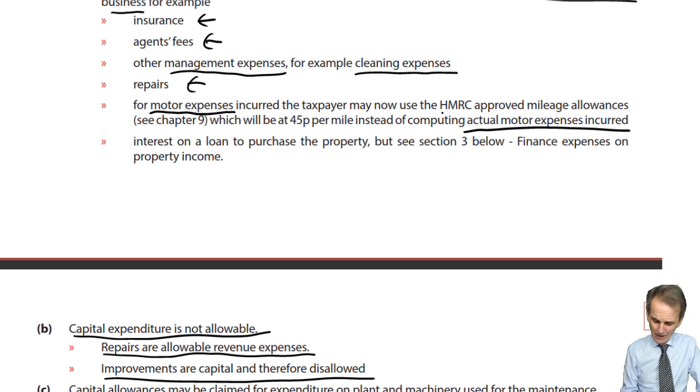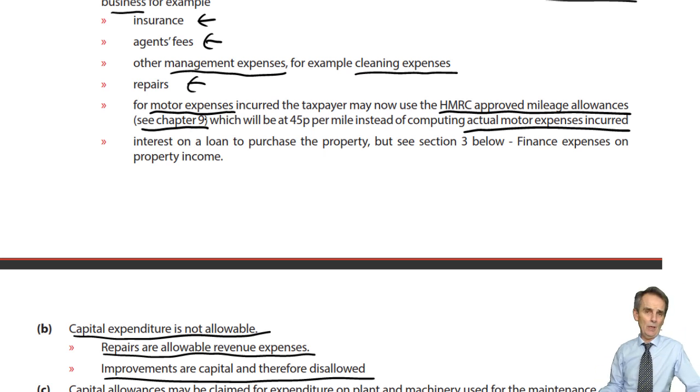They are HMRC approved mileage allowances. See Chapter 9. Chapter 9 is employment income, where you're far more likely to be doing business travel in the context of your employment. If you're using your own car for your employment, then an approved mileage allowance that can be paid to you, the employee, by the employer without any tax implications arising is 45 pence per mile.